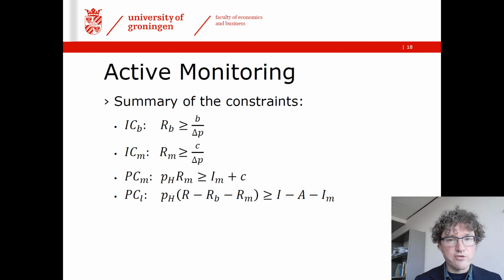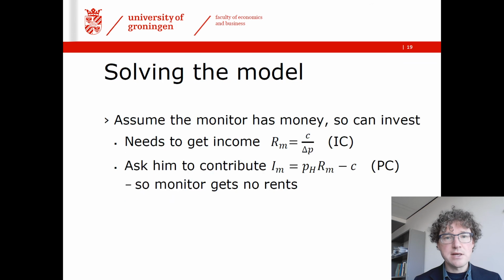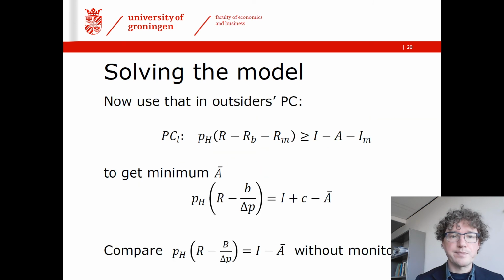So we had these 4 different constraints, and we looked at solving this model by making sure that the monitor has sufficient income to have the incentive to do the monitoring, but also that they contribute so much to the project that they get no additional rents. That was not necessary because of competition among the various monitors.